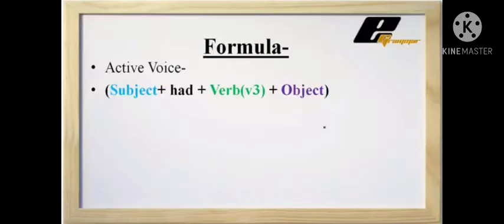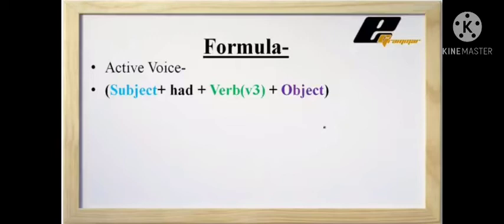Now we can discuss past perfect tense, both active and passive voice. When we write a sentence in past perfect tense active voice, the sentence structure will be like this: subject plus had plus past participle form, that means the V3 form of the verb, then object.